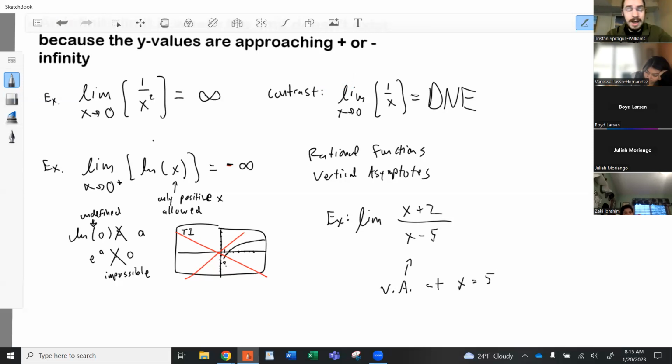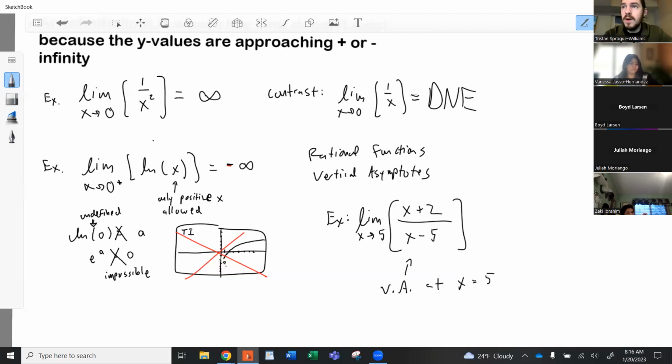Because the denominator is approaching 0, and so in general, when the denominator is approaching 0, you're dividing by really, really small numbers.